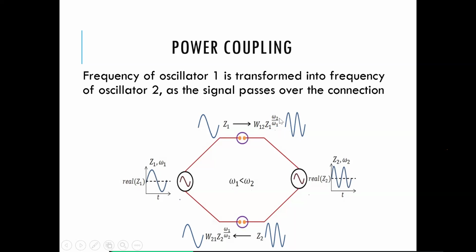That means Z1 is raised to the power omega 2 by omega 1. When you do that, the signal going into the second oscillator will be at frequency omega 2. Similarly, in the reverse direction, you raise Z2 to the power omega 1 by omega 2. Then the signal that goes to oscillator 1 will be of frequency omega 1.